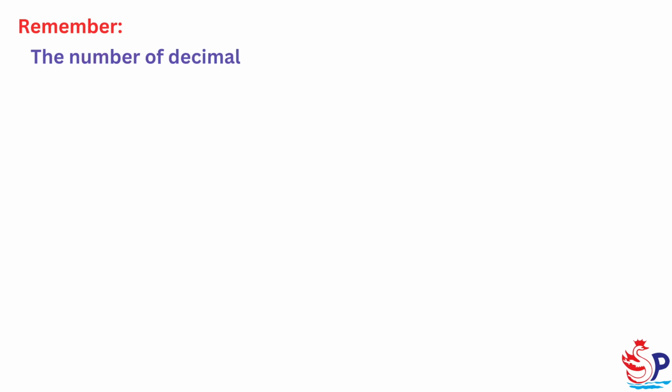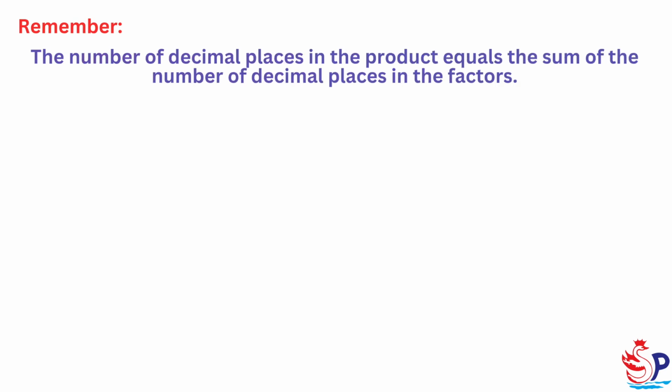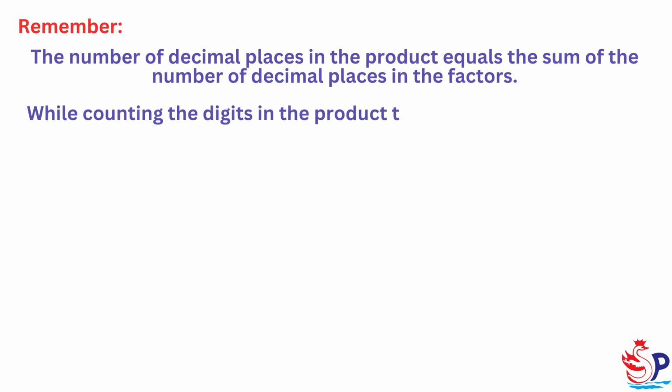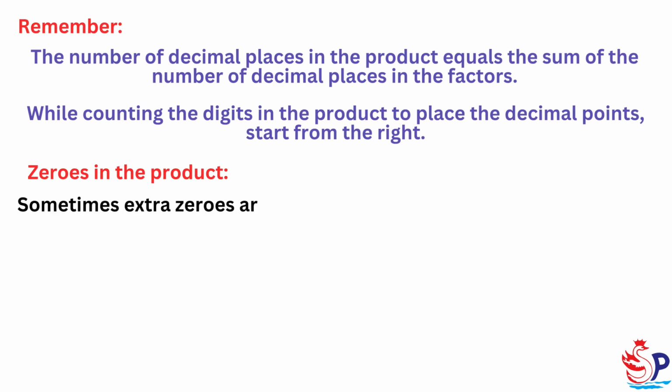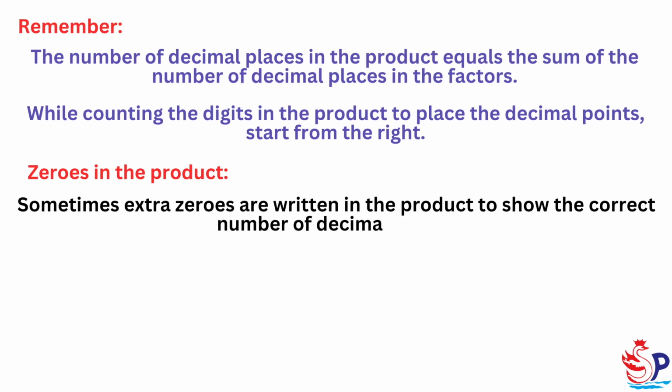Remember, the number of decimal places in the product equals the sum of the number of decimal places in the factors. While counting the digits in the product to place the decimal point, start from the right. Zeros in the product. Sometimes extra zeros are written in the product to show the correct number of decimal places.